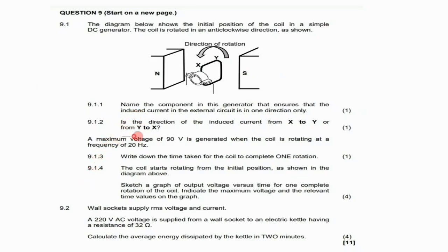Here we have a maximum voltage of 90 volts generated when the coil is rotating at a frequency of 20 hertz, right? Then 9.1.3 says write down the time taken for the coil to complete one rotation, right? So at this point we can use the frequency here, because we'll be using the period formula, which goes big T is equal to 1 over f, right?